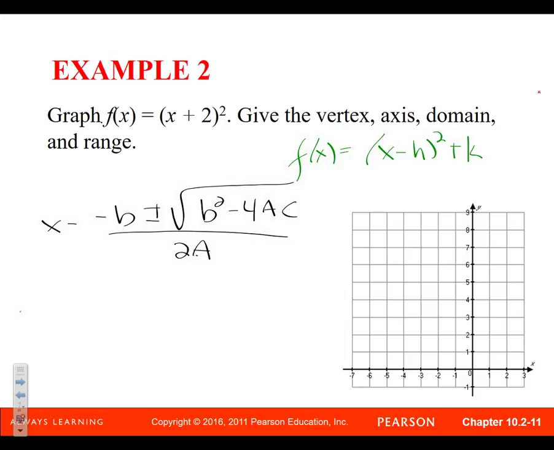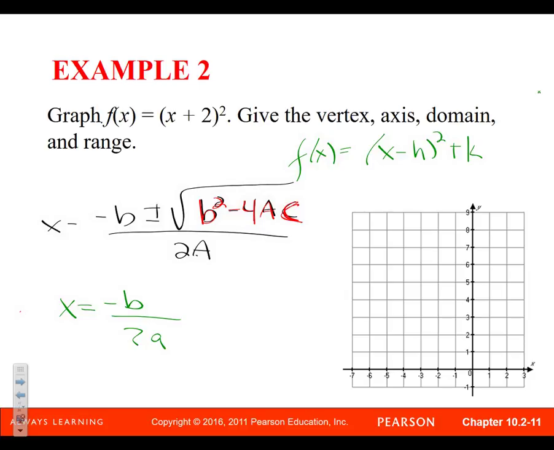Do you guys remember that I gave this a special name? The discriminant. Yeah, it was the discriminant. Let's ignore the discriminant for now. If I ignored the discriminant, I would get x equals negative b over 2a, wouldn't I?